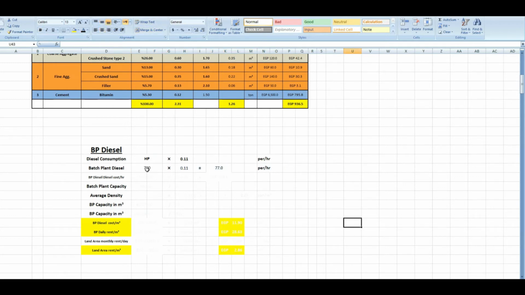It is easy to know from the catalog of the batch plant how is the horsepower. In this case, if the horsepower of the batch plant is 700, multiply the factor of 0.11, it gives you the liters per hour of consumption of the diesel by batch plant. 77 liter diesel per hour.